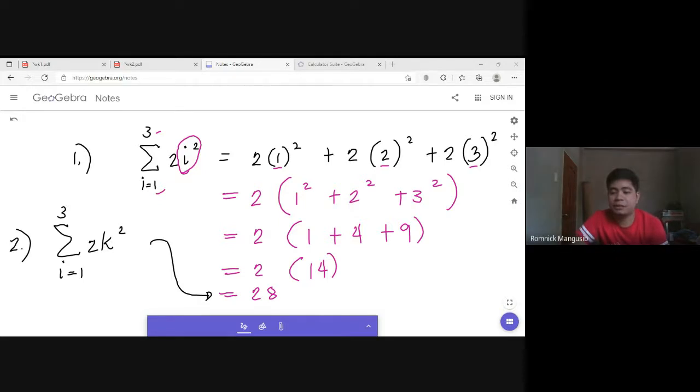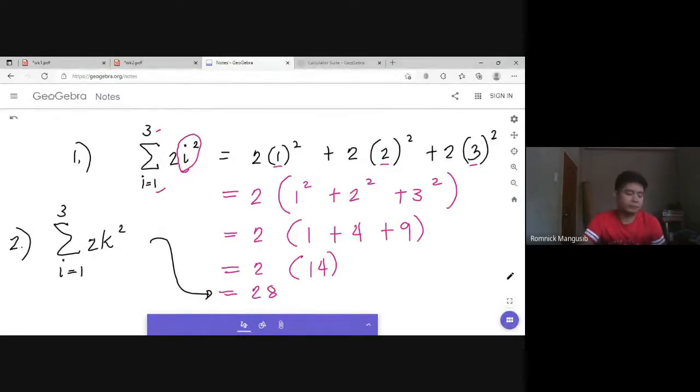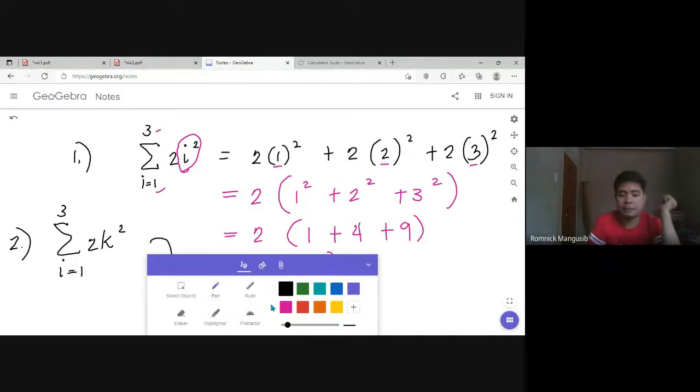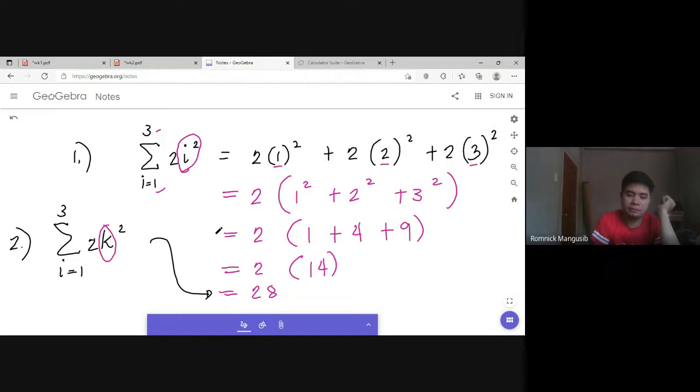Okay, the answer is no, they're not the same. And you know the reason? Simple lang. The only reason is that wala kang nakikitang variable K. Hindi mo kayang palitan ang variable K. Kasi kapag in-expand mo yan, ang magiging itsura niya is 2K squared plus 2K squared plus 2K squared.